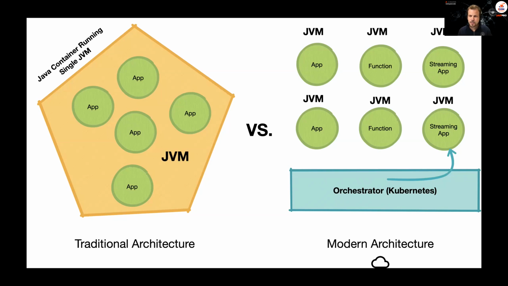And each application has a unique Java virtual machine, which, as you can imagine, loses out on the opportunity to share memory across the applications and pushes the manageability and monitoring and observability down into the orchestration layer.